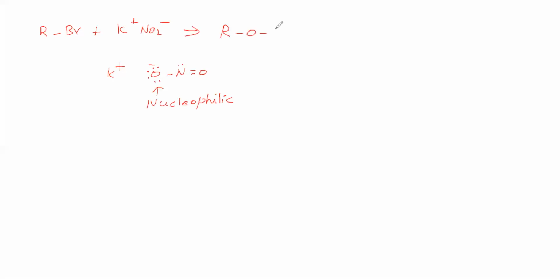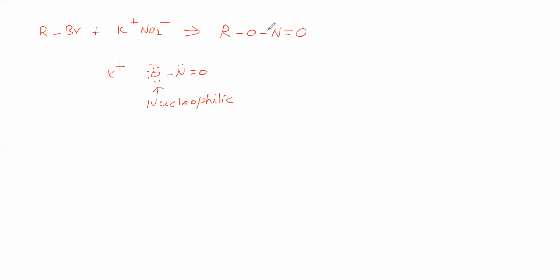So we will get this compound, a nitrite. NO2 minus is the nucleophile, and this oxygen is the nucleophilic center. Therefore, we will get alkyl nitrite.